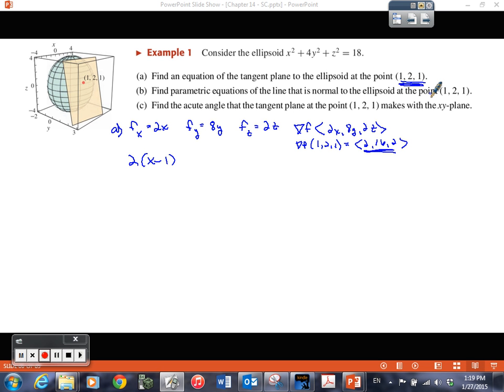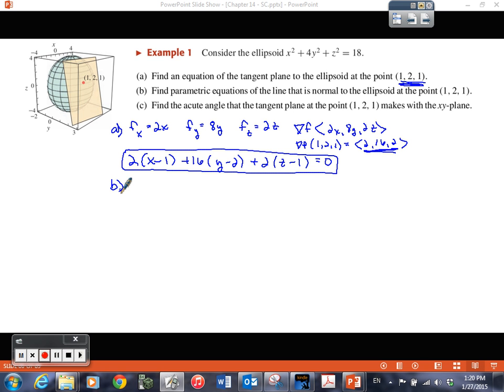Then the next term is going to have 16, my y component of the gradient, multiplied by y minus 2, bringing in the y coordinate of the point. Plus 2, the z component of the gradient, times z minus 1, and the formula tells us that we set that equal to 0. So this is our answer to part A.